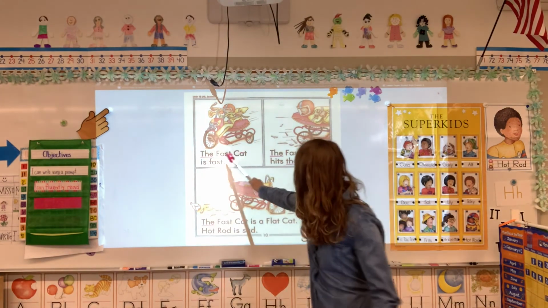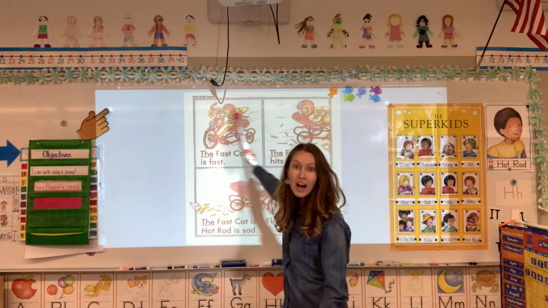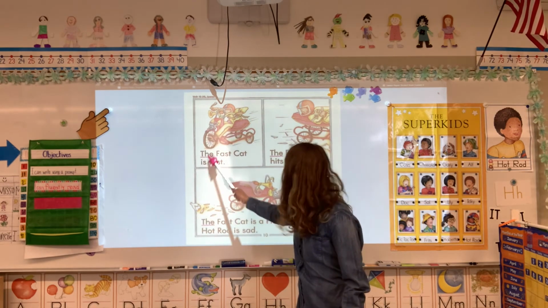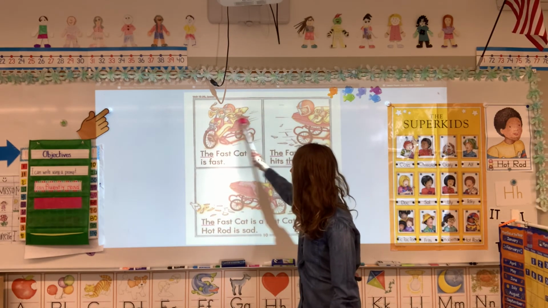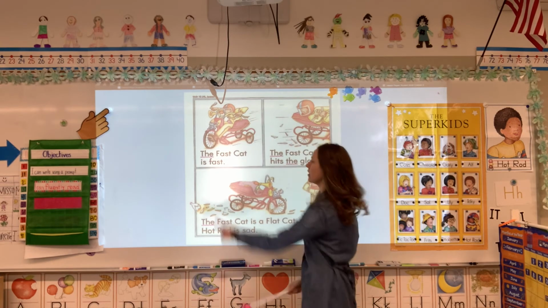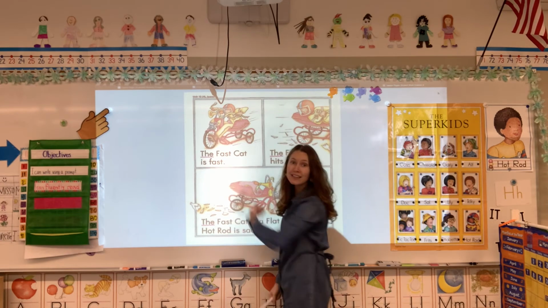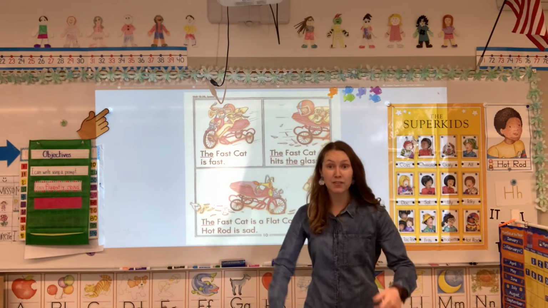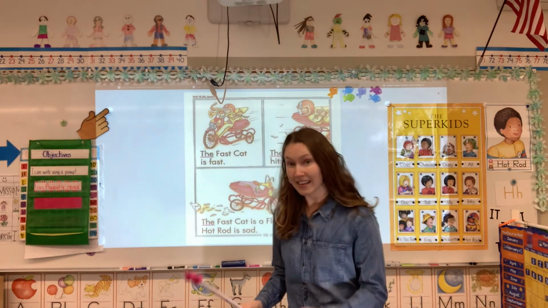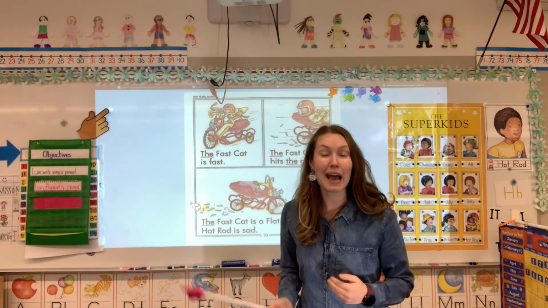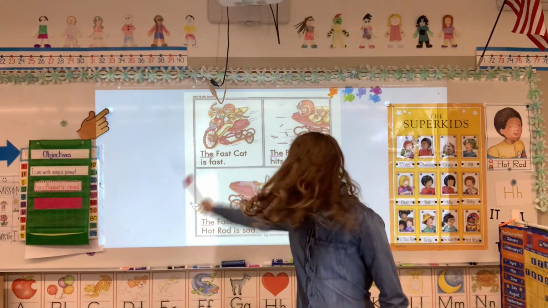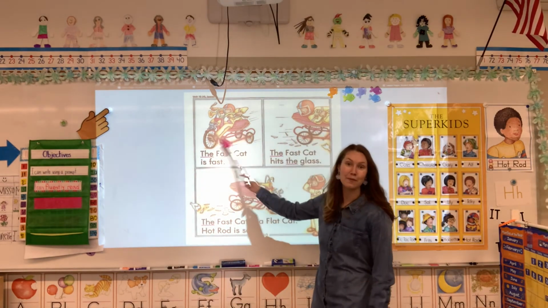Because Fast Cat is the name of Hot Rod's bike. The Fast Cat, so it's talking about his bike, is fast. But when we say fast here, we're not talking about a name. That's describing the speed at which Hot Rod is riding. The Fast Cat is fast, so he's racing fast.